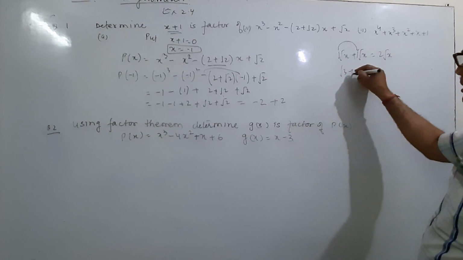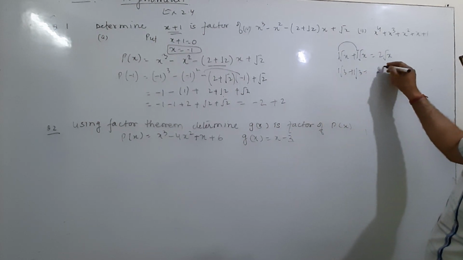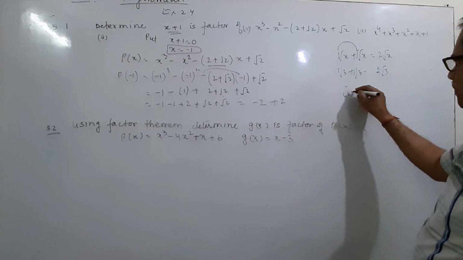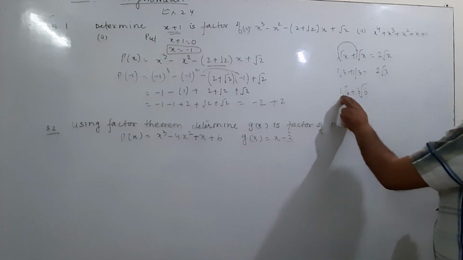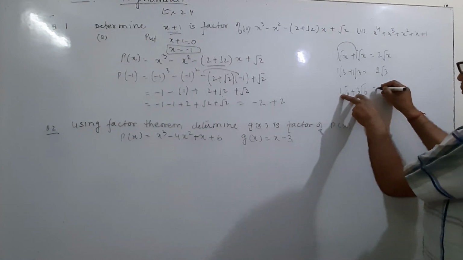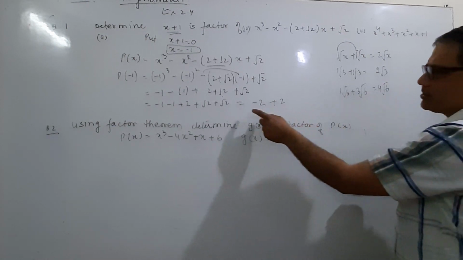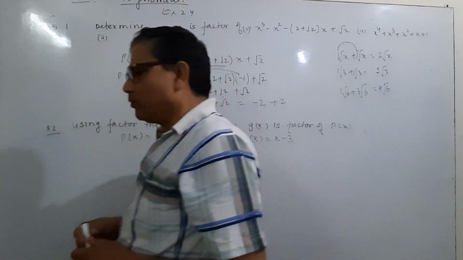Similarly, root 3 plus root 3 is 1 plus 1, 2 root 3. Root 6 plus 3 root 6: here is 1 root 6, here is 3 root 6, so 3 plus 1, 4 root 6. And now what is the answer of root 2 plus root 2? Tell me, root 2 plus root 2 will be.